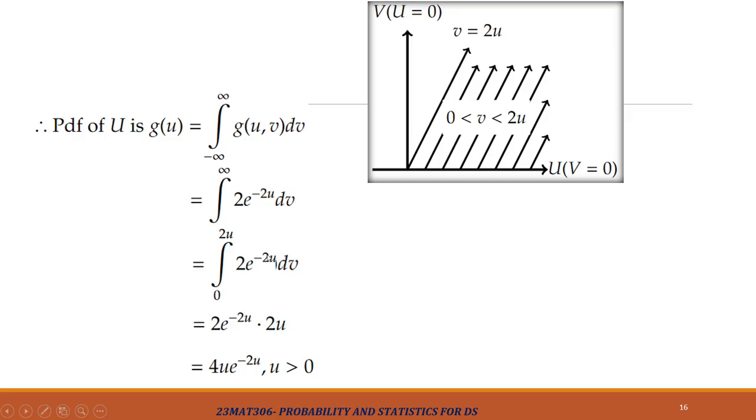Here 2 into e power minus 2u is a constant, so we take it outside the integration and only integrate dv. The integration of dv is v. After that we substitute upper limit minus lower limit, that is 2u minus 0, which is 2u. So this is the final answer, and here u is always greater than 0.